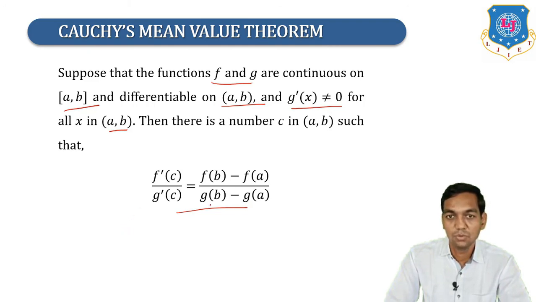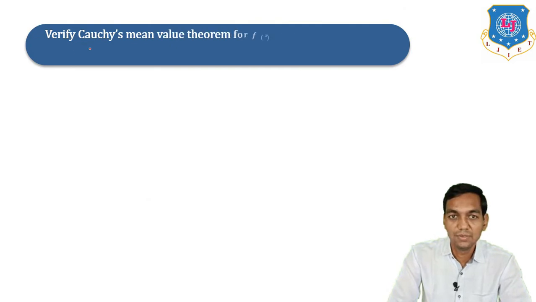Instead of one function, now we have two functions. So first, verify Cauchy's mean value theorem for the given f(x) and g(x).